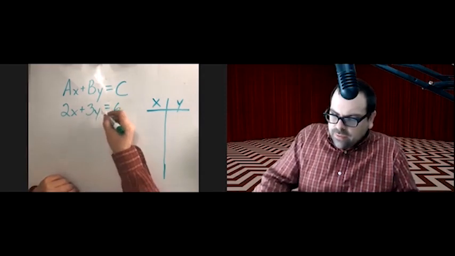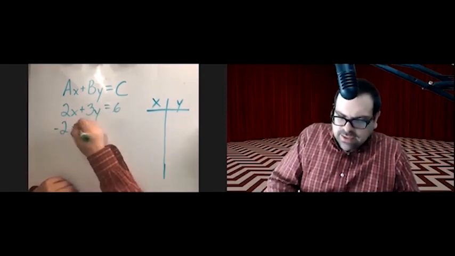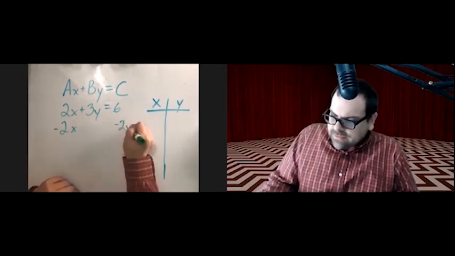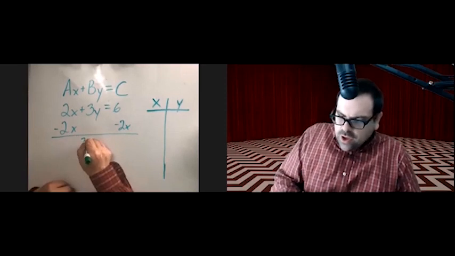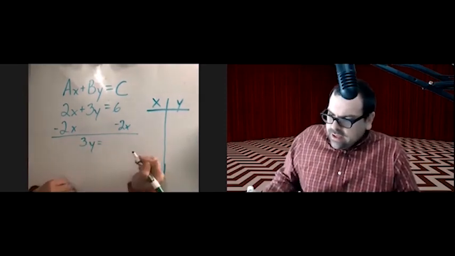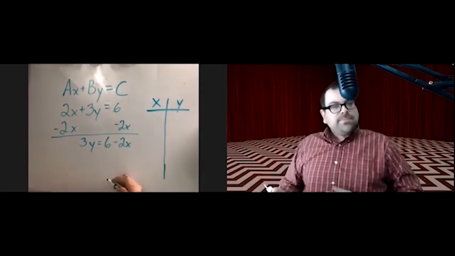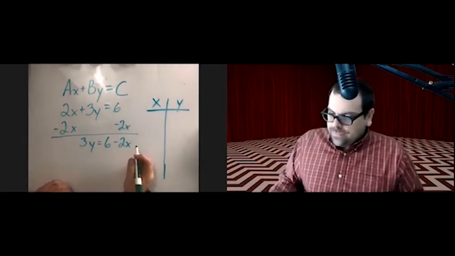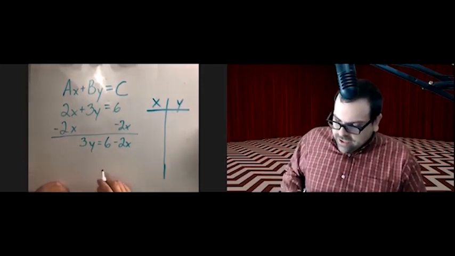So we want to get the 3y by itself. So we want to subtract the 2x. This gives us 3y equals 6 minus 2x. Then dividing both sides by 3.